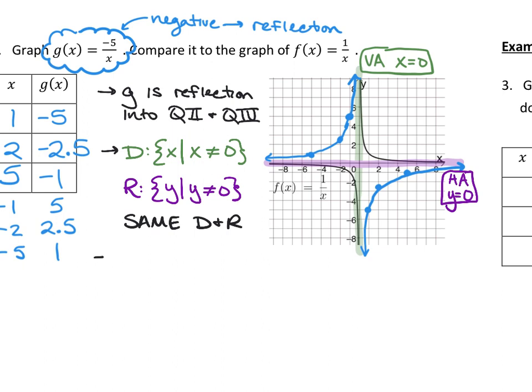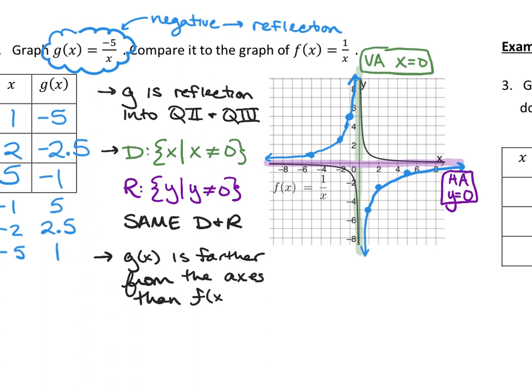And then again, the last conclusion we draw is that it's harder to tell this way, but this is still having g of x be farther from the axes than f of x.